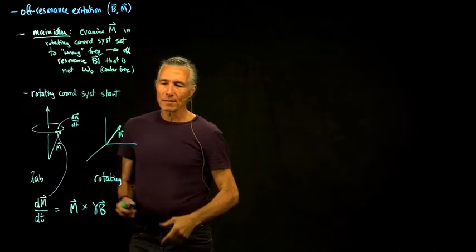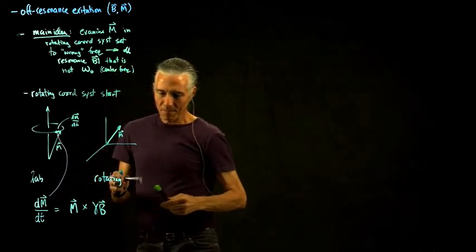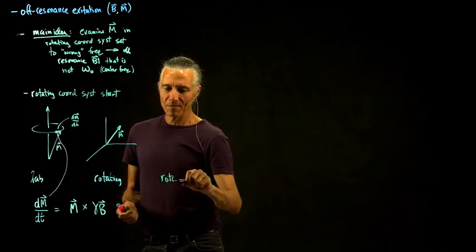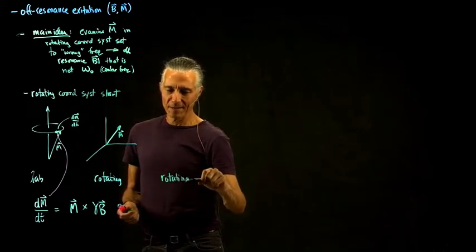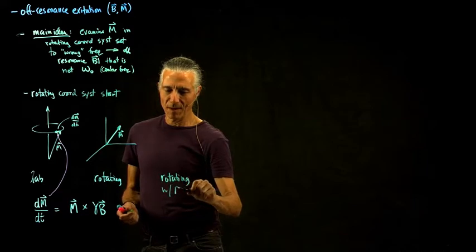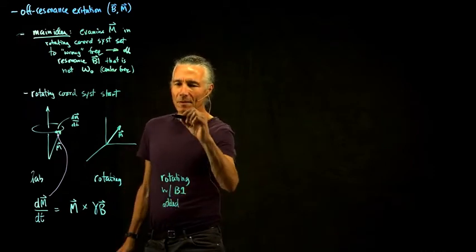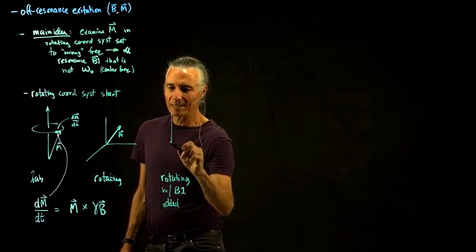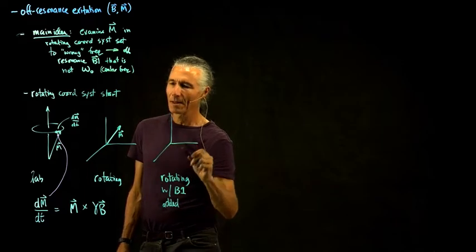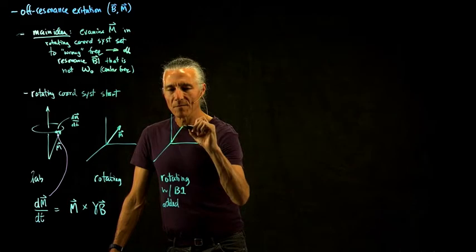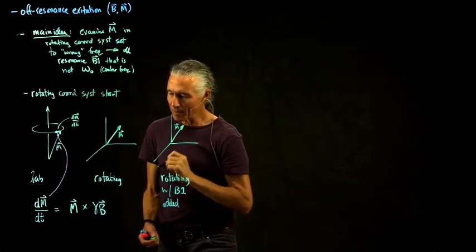So it turns out in the rotating coordinate system, so what was the advantage of the rotating coordinate system? Rotating with B1 added. The advantage is that we could use that same equation to figure out what the B1 is going to do, because that equation applies to B1 as well.